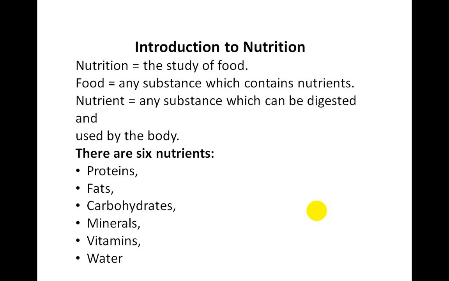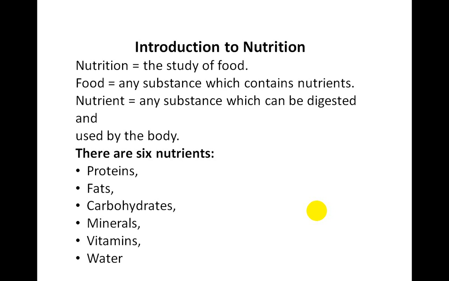The main functions of food are: number 1, provision of energy; number 2, tissue building and repair; number 3, maintenance and regulation of tissue functions. Foodstuffs may be broadly classified.